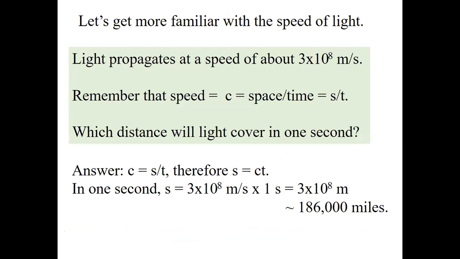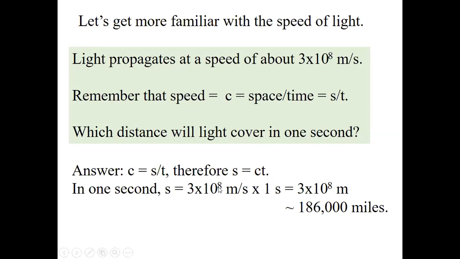So let's get familiar with this speed of light a little bit. As I mentioned, light propagates at a speed of about 3 times 10 to the power 8 meters per second. We know speed is distance divided by time, right? So with miles per second, we are looking at the distance it traveled in a second. In this case, we can calculate the distance that light travels in 1 second.